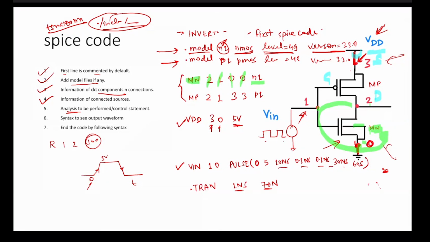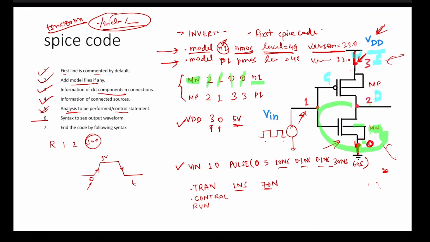Okay, and after that I need to mention the control statements also. So I'll write dot control. It will be there in all the programs by default, and then if you want to run it, write run. Okay, so this step is over.